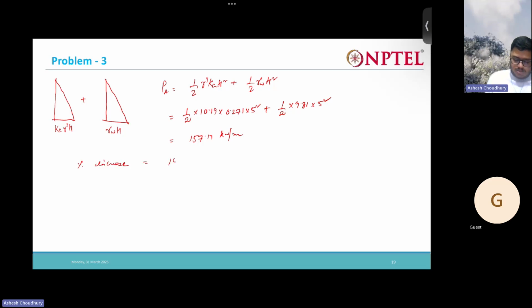Percentage increases. You can see a lot of increase in the lateral thrust due to the water. So, okay, due to water, a lot of increase is there.